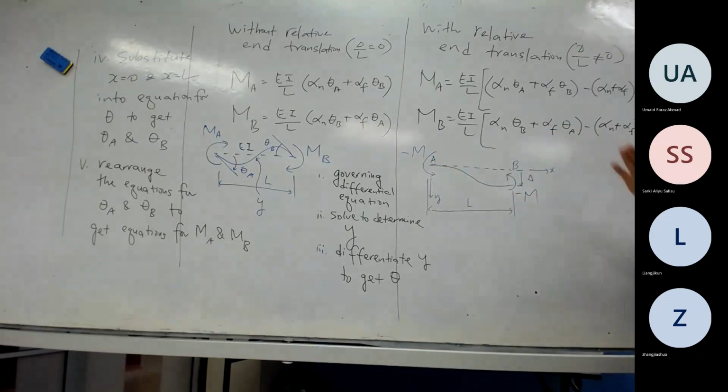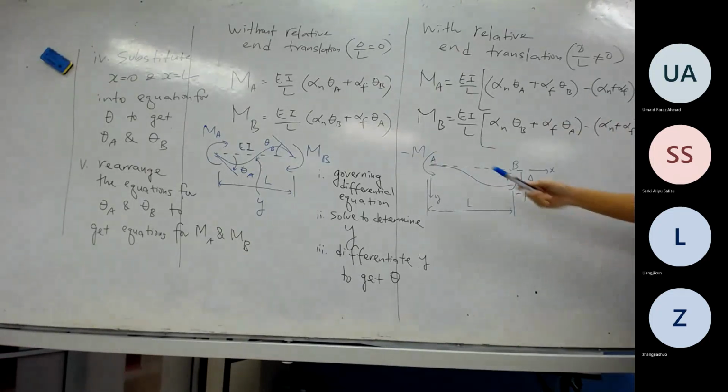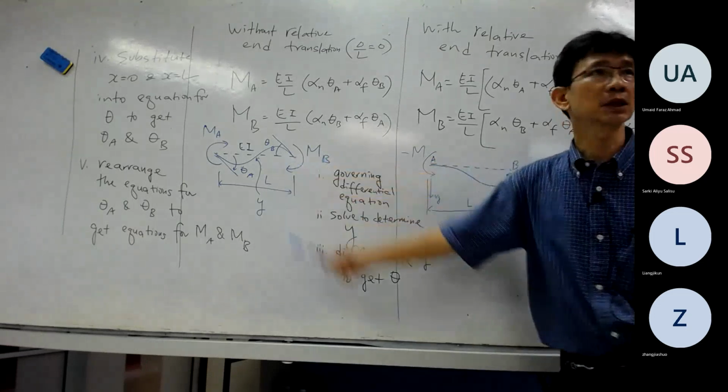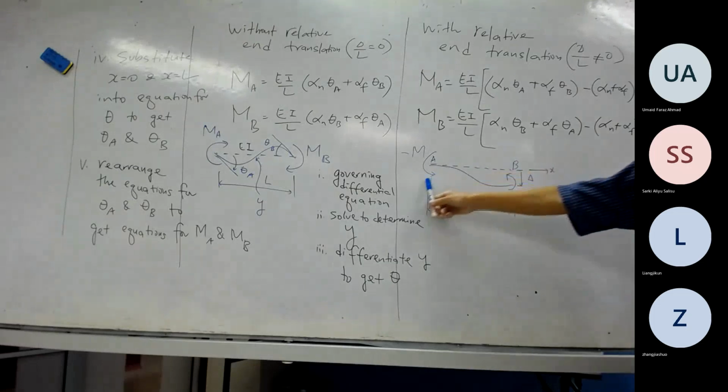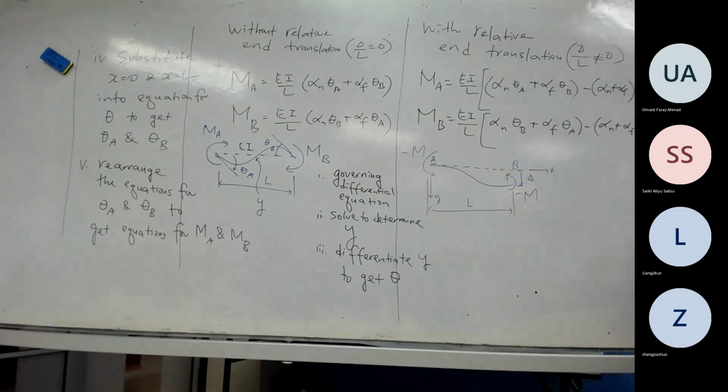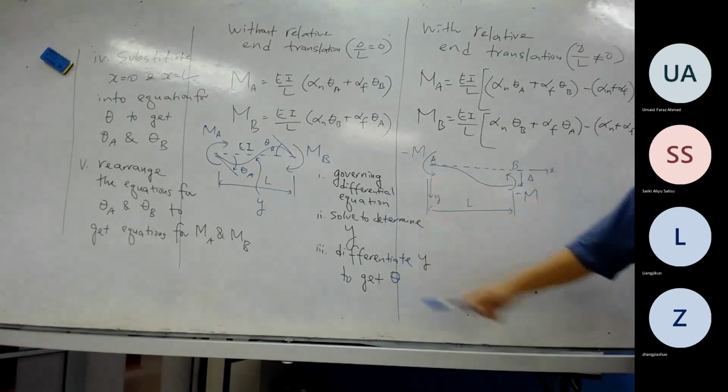When you have relative end translations, it will cause moment at both ends. And we put negative here because our assumption is clockwise is positive for this coordinate system that we are using here.